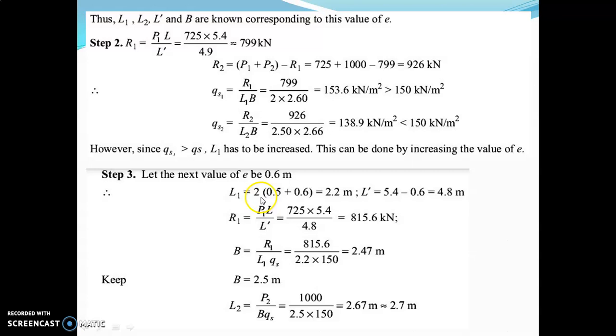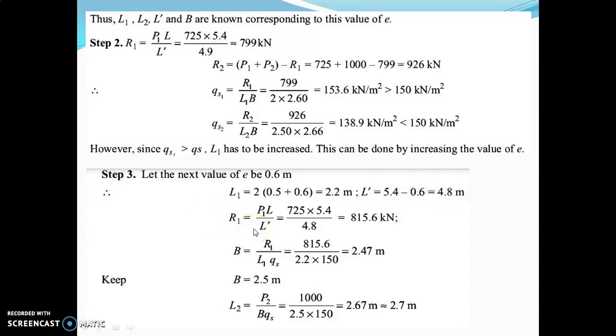So what is that? 2 into, this is given value, C1 by 2 is 0.5 plus E. E is 0.6. So equal to 2.2 meter. So L dash is equal to L minus 0.6. So that is 5.4 minus 0.6 equal to 4.8.